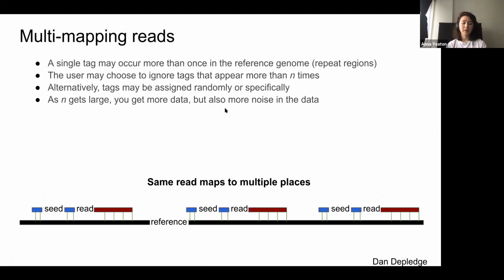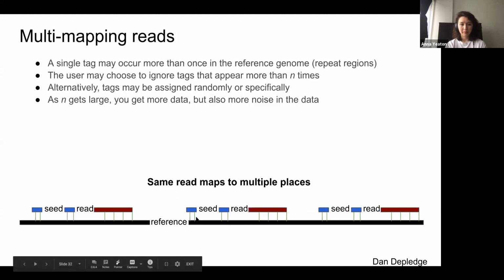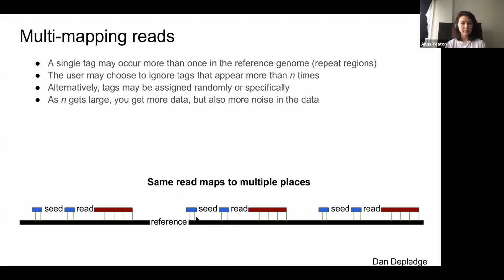Okay, and there's also a possibility for multi-mapping reads. So if a single read can map to many regions of the genome, that's what a multi-mapping read is. So here I'm showing the same read is mapped to many places. And again, this is where the flags and the parameters that you use really matter.